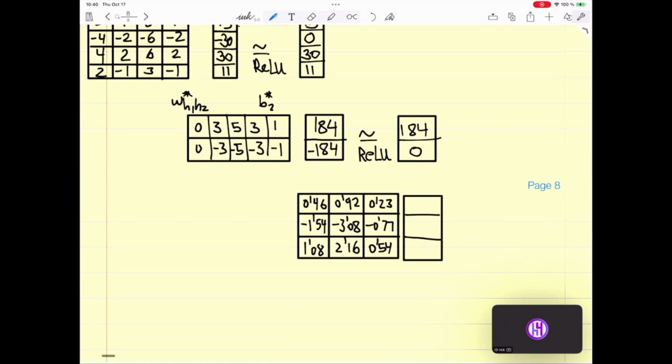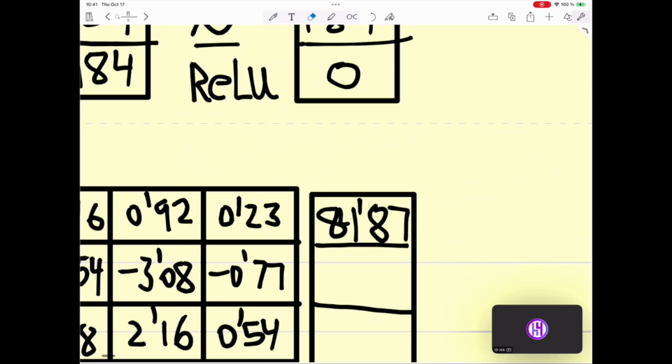184 times 0.46 plus 0.23. Let me do it. 184 times 0.46 plus 0.23 is going to be 84.87.